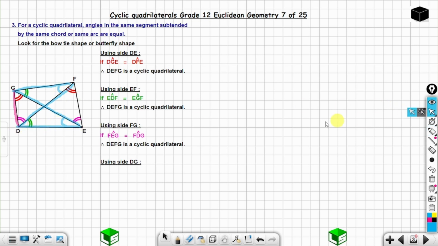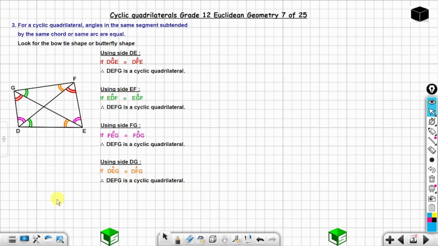If DEG, this angle, and DFG, this angle, if the two angles are equal, therefore, this is a cyclic quadrilateral.